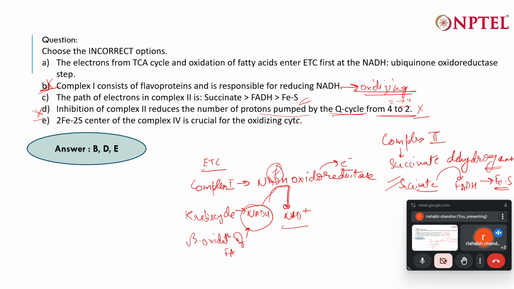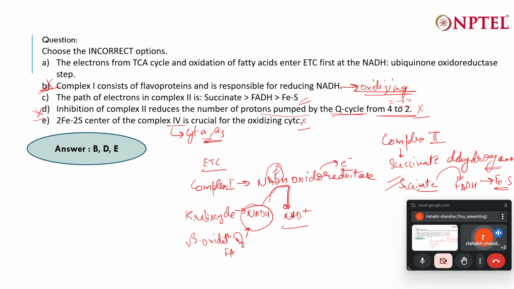Then 2Fe2S center of the complex 4 is crucial for oxidizing cytochrome C. No, this is false. Okay, because complex 4 is cytochrome aa3.